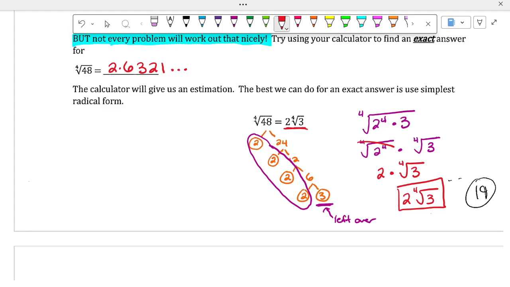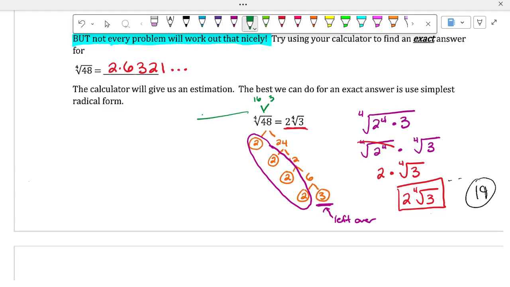Now, the other way you could do it is just like how we did square roots. Find the largest perfect fourth that's a factor of 48. If you look at that list of perfect fourths, what would be the largest number that's technically a factor of 48? It's what? 16. If I break that down to 16, 16 times what is 48? 3.